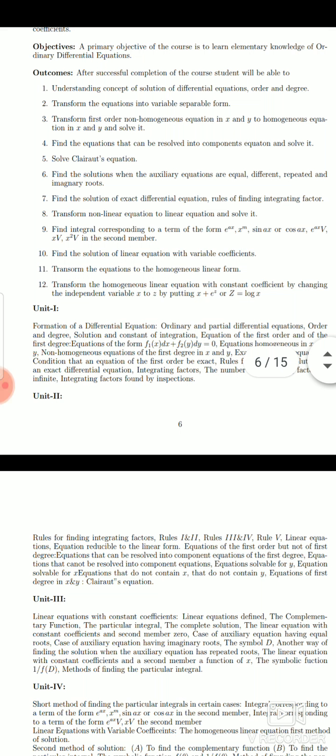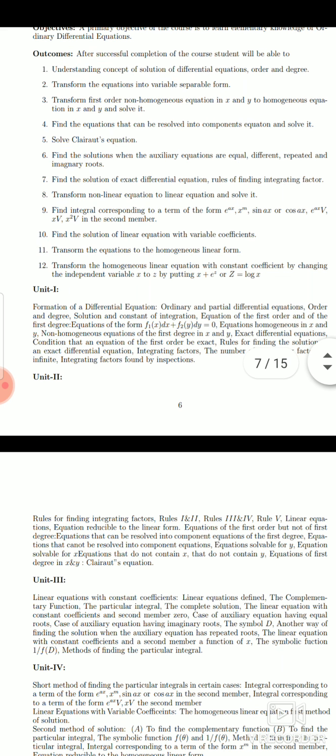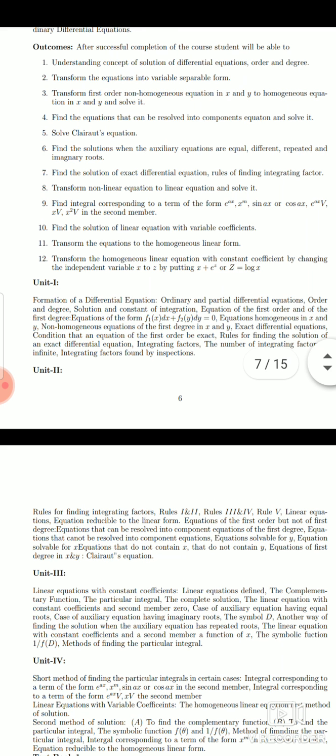And next, find integral corresponding to a term of the form e to the power x, x to the power m, sin x or cos x, e to the power x V, x capital V, x square V in the second members. Next, find the solution of linear equations with variable coefficient.